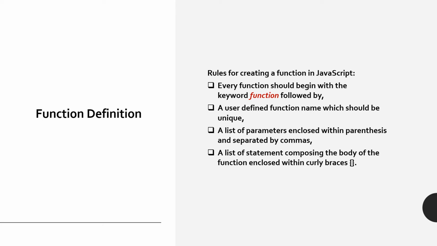In the function, we have parameters. The parameters within the parentheses should be separated by commas. And the body of the function should be enclosed with curly brackets. These are the rules.